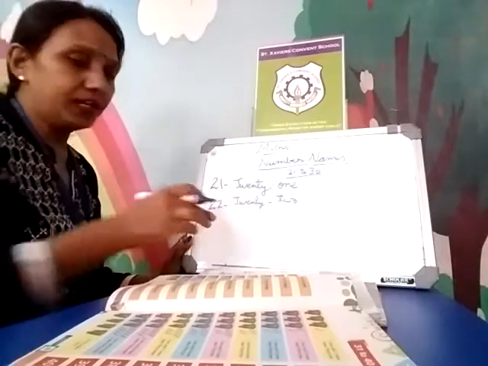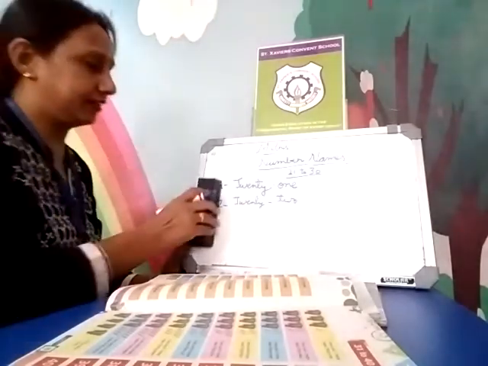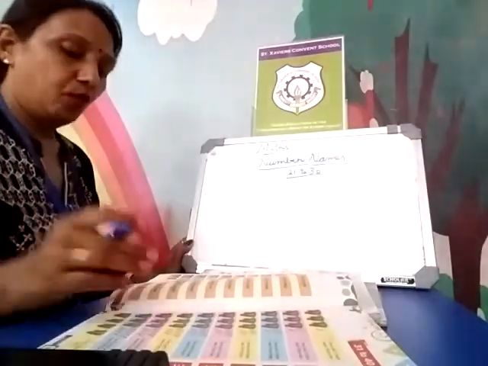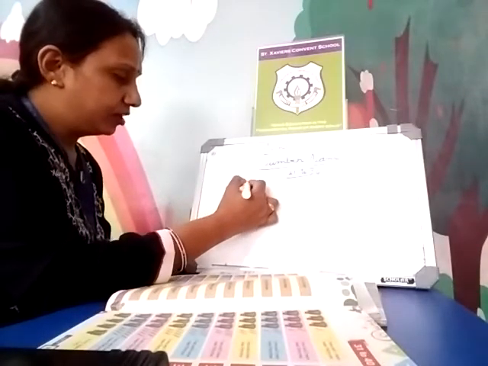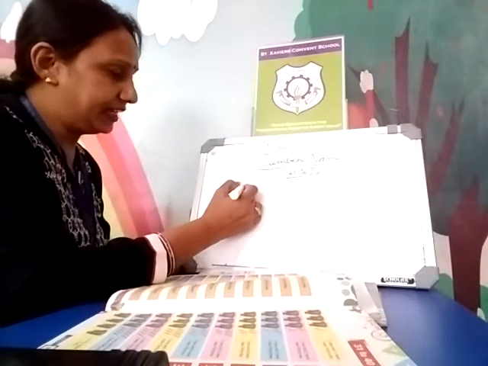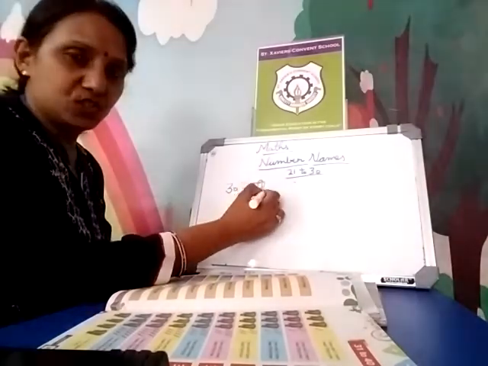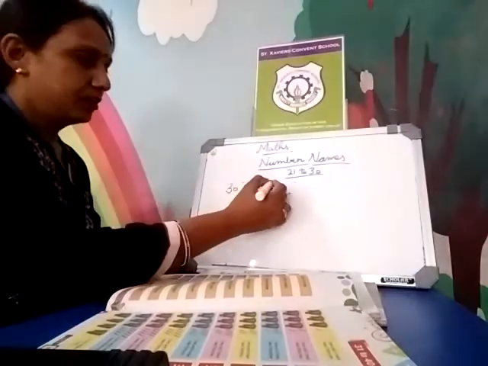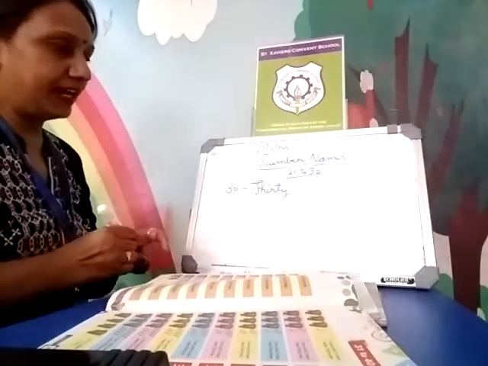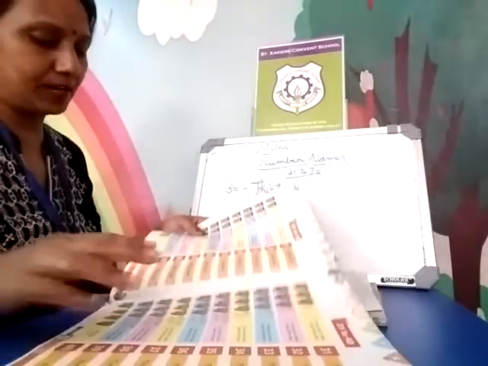And what comes after 29? 30. And the spelling of 30 is THIRTY, 30. So this way your spellings from 21 to 30 are completed.